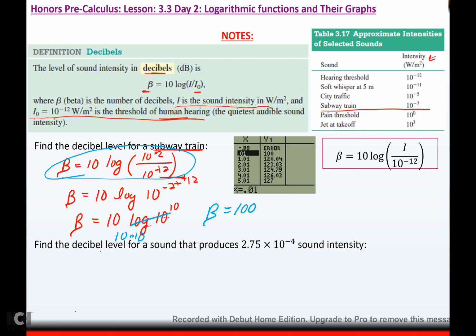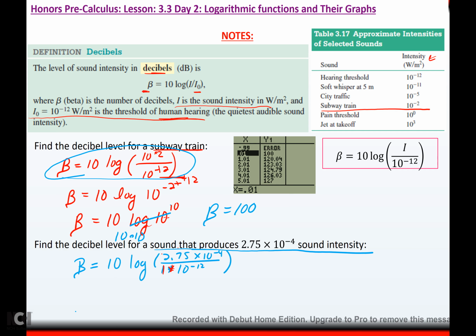All right, so now it says find the decibel level for a sound that produces this intensity. If I set that one up, my decibels are equal to 10 times the log of 2.75 times 10 to the negative 4th divided by 10 to the negative 12. If you do this math, this is really 1 times 10 to the negative 12th.